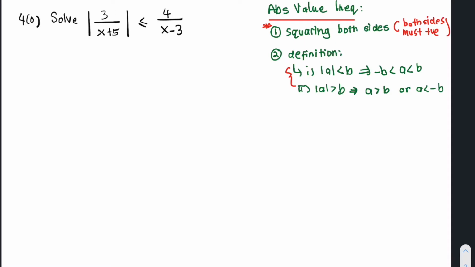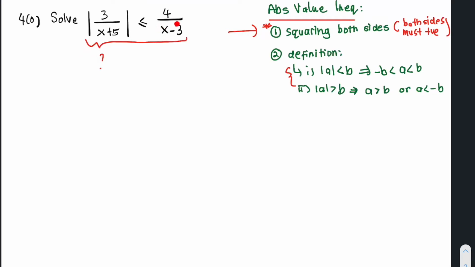Now for this question, ask yourself: can we use squaring both sides? No, because on one side you have the absolute value, which is known to be positive, but on the other side you have 4 over x minus 3. Now 4 is positive, but the matter is that you have x minus 3, and x is unknown.